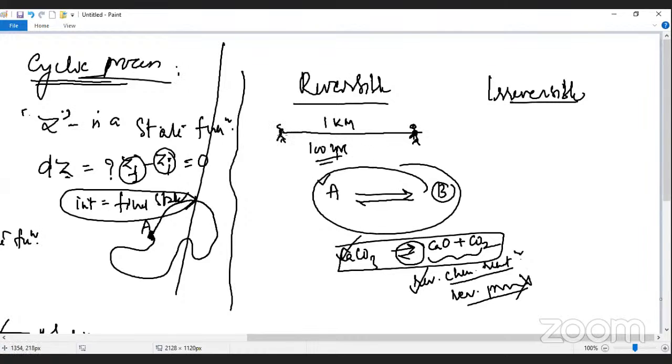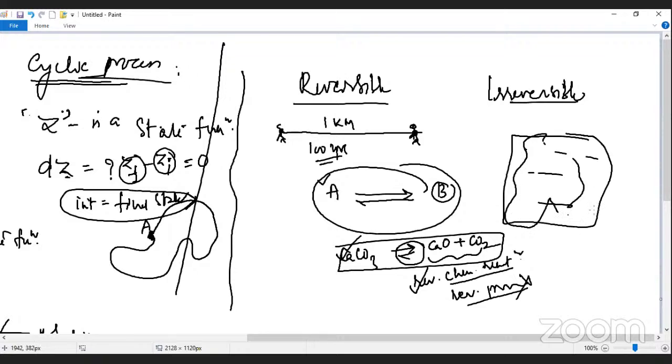So such a slow process it is. Or you can tell, let's say this is a closed container, the entire container is filled with some 1 liter of hydrogen gas, and a piston is fitted with it, a freely movable, frictionless piston.